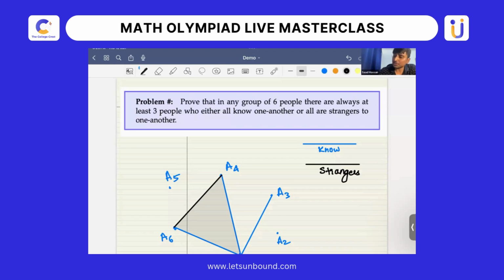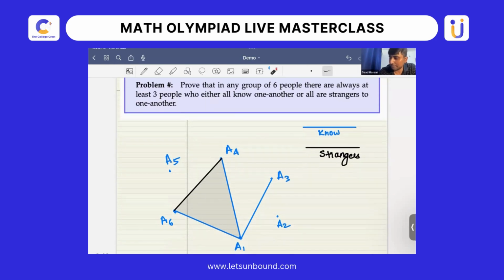Lovely. Then I'll ask you to consider A3 and A4. If you're going to join A3 and A4 by a blue line segment, then I'm going to ask you to consider the triangle A1, A3, A4.